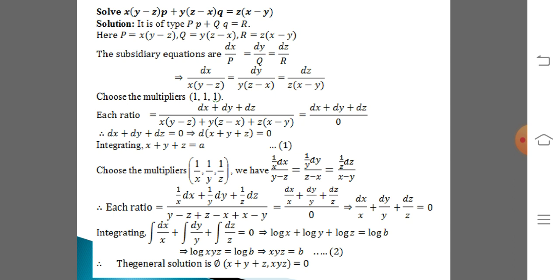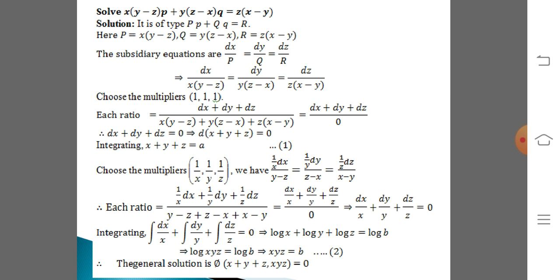What about the auxiliary equation? It is dx by P equal to dy by Q equal to dz by R, that is dx by x into y minus z equal to dy by y into z minus x equal to dz by z into x minus y. This is the auxiliary equation. Now let us choose the multipliers 1, 1, 1.